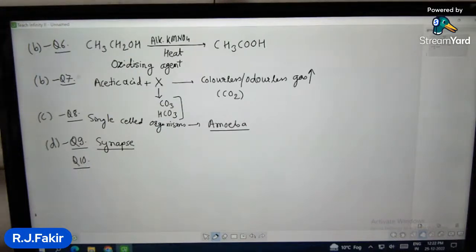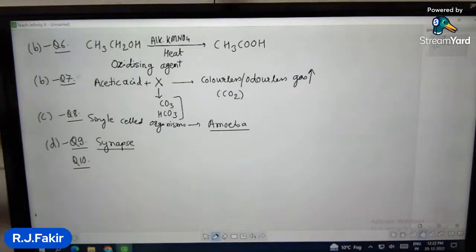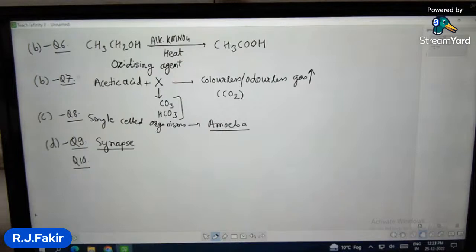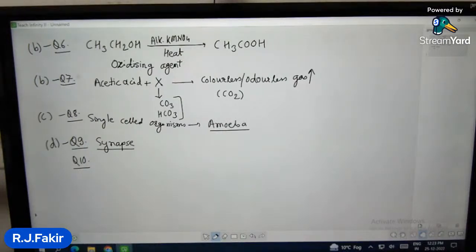This kind of reproduction does not involve gametes. Third statement rather, they had given four statements. Third statement, this reproduction occurs before sexual reproduction. And fourth, asexual reproduction occurs after sexual reproduction. We have to choose the correct reasons for this.